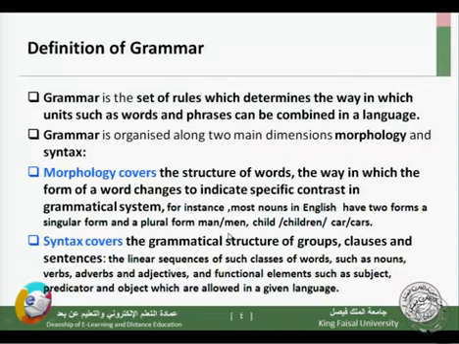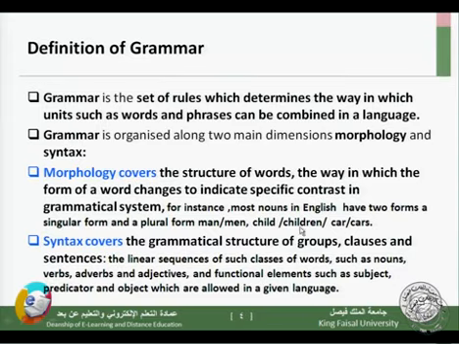Now look at this here, for instance, in English. Most nouns we have in English have two forms, a singular form and a plural form. Look: man, men; child, children; car, cars.